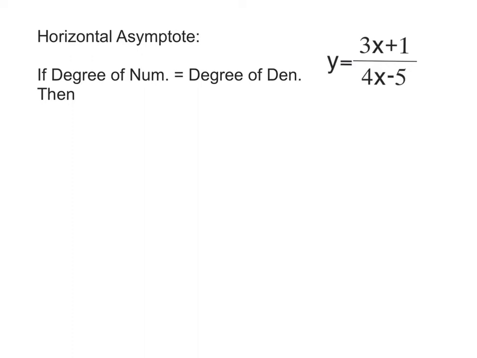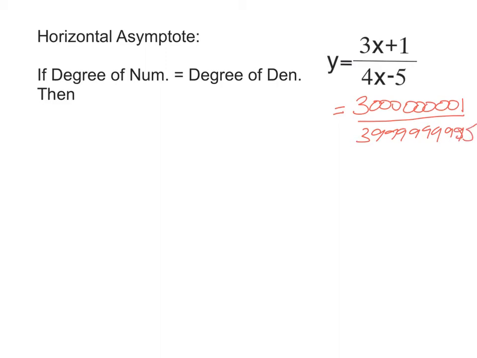If I were to plug a billion into this function for x, we would have 3 billion and 1 over 4 billion minus 5. So that'd be 3999... one more 9 and a 5.